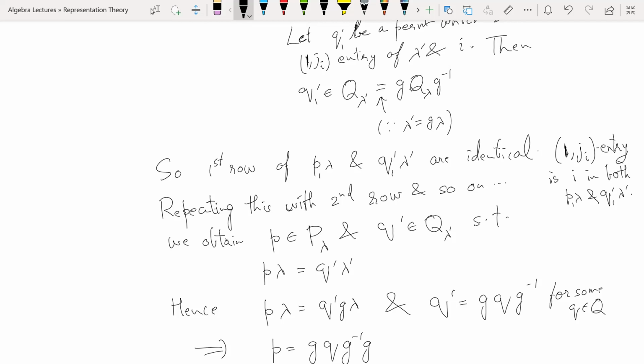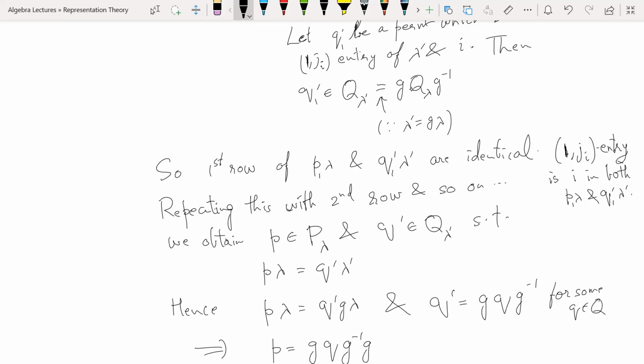So what we can ensure is that there is a p in P lambda. You will have to pre-multiply by p2 and p3 and so on. Their product is again in P because each of these p i's is in P. So we can find a p in P lambda such that p times lambda is equal to q prime times lambda prime, where q prime is in Q lambda prime.